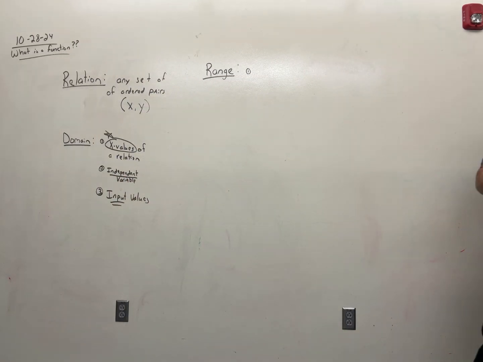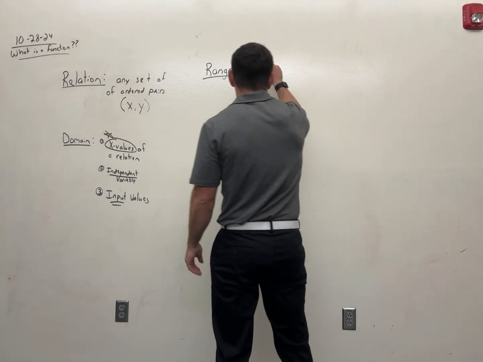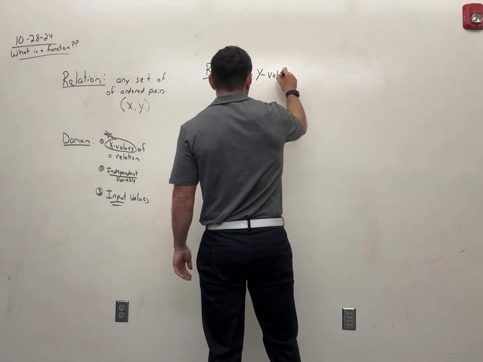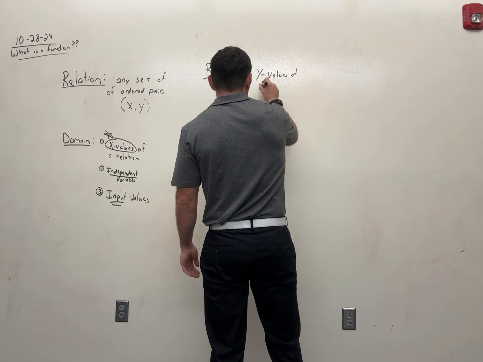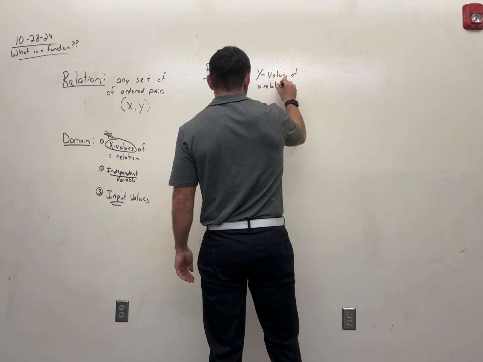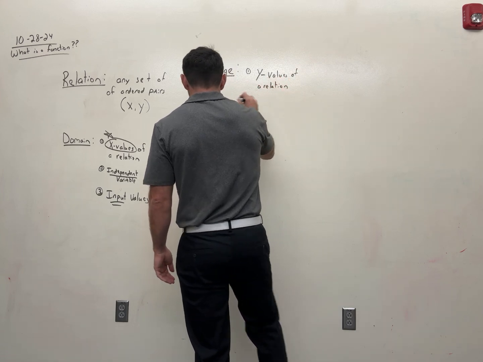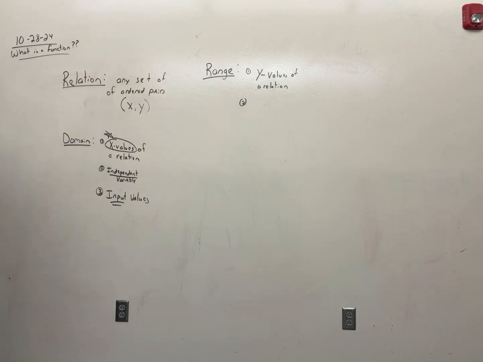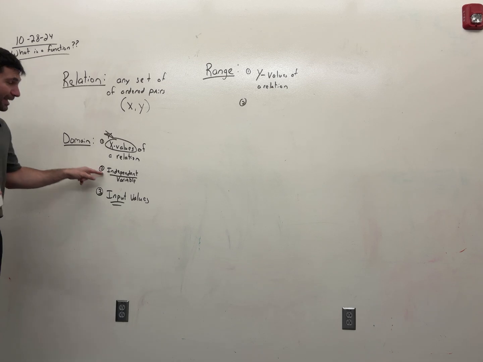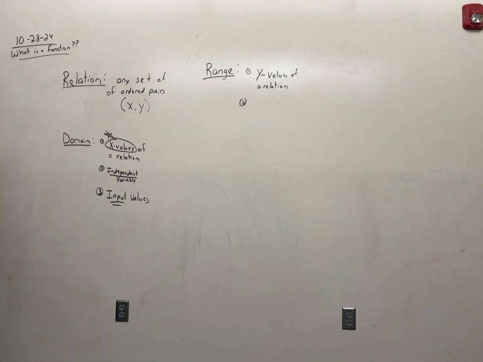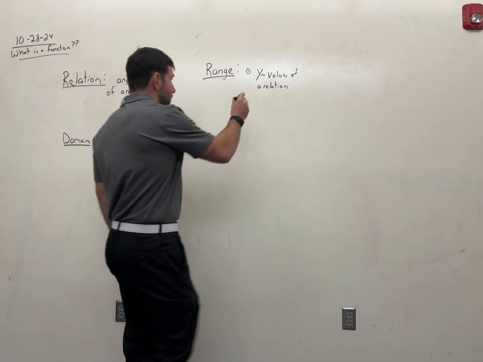What? Y values. Yep, they are the y values of a relation. Okay? You guys are smart kiddos. I know you can do this. If the domain is the independent, what do you think the range is going to be? Dependent. Very good, Isaac.